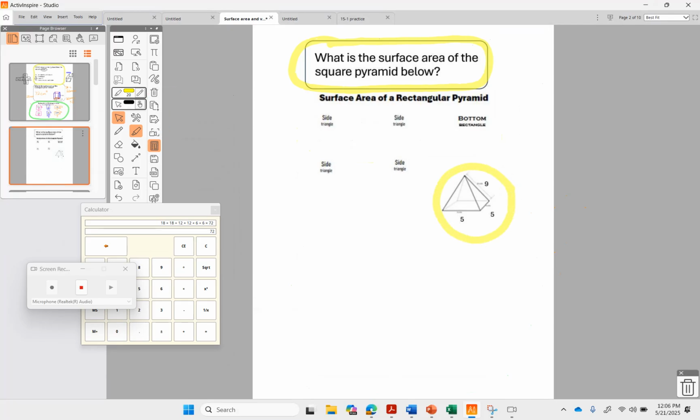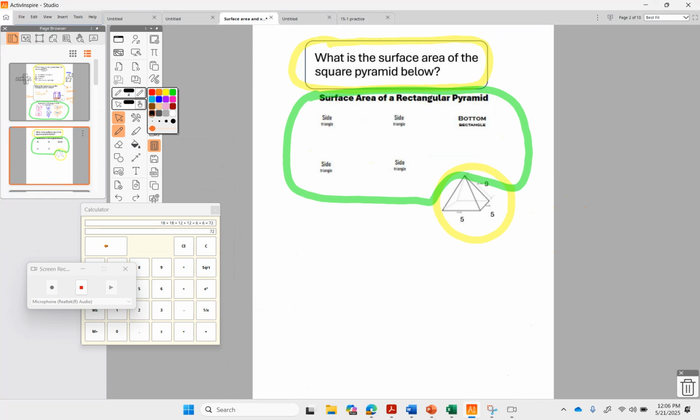What I'm going to suggest you guys do is you get up and go to the back of the room and you get the math mat and you actually do your work on the math mat. So a pyramid has 4 sides and a bottom. In this case, it happens to be a square pyramid because the bottom is a square.